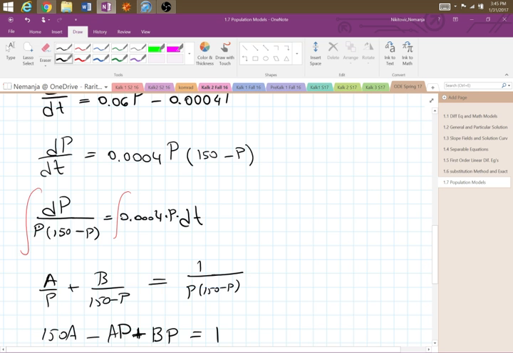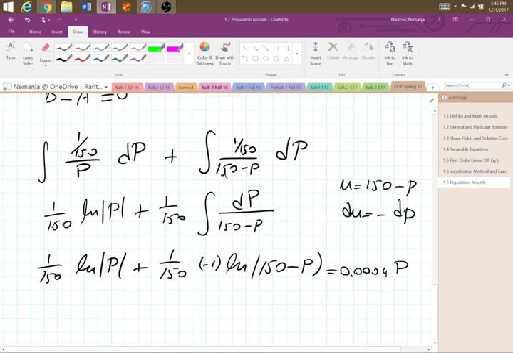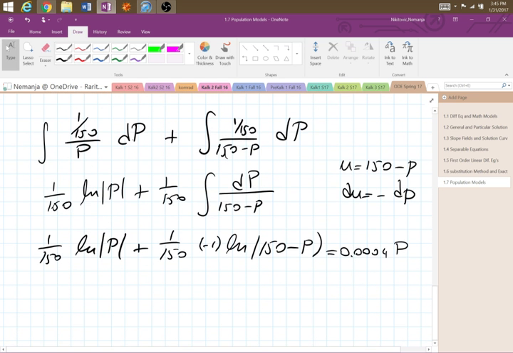All right, so you have this. Multiply both sides by 150 and combine the ln. It's algebra.